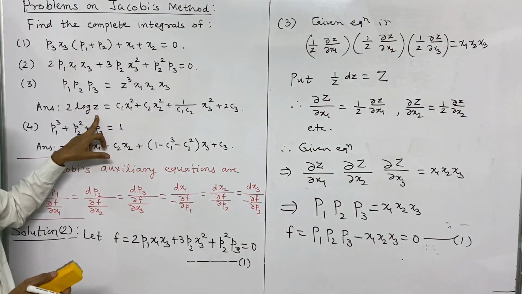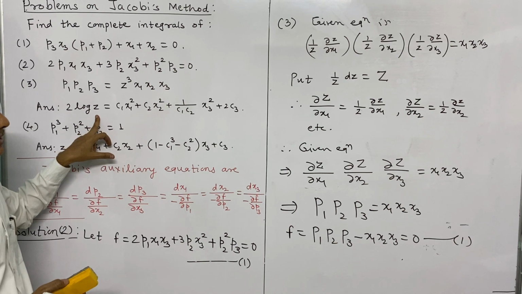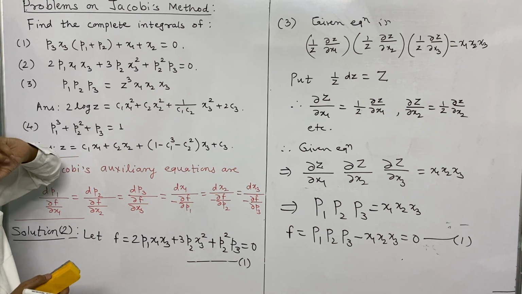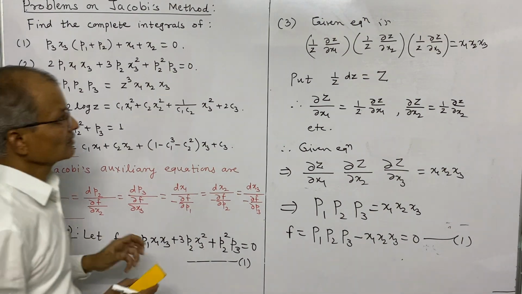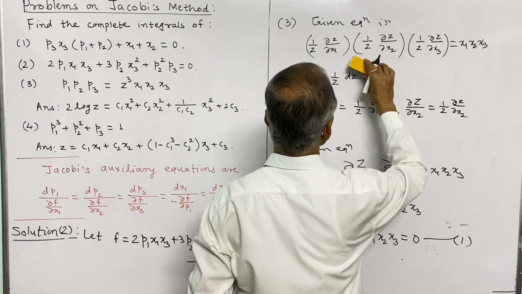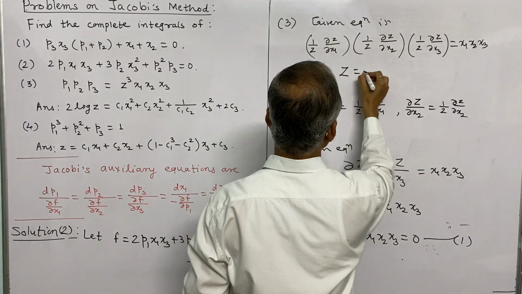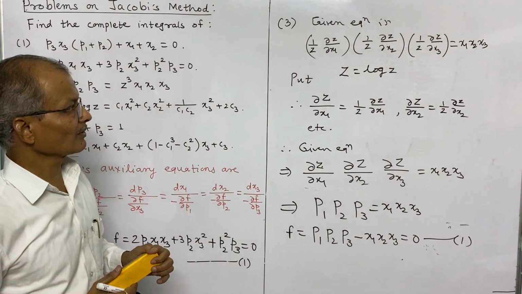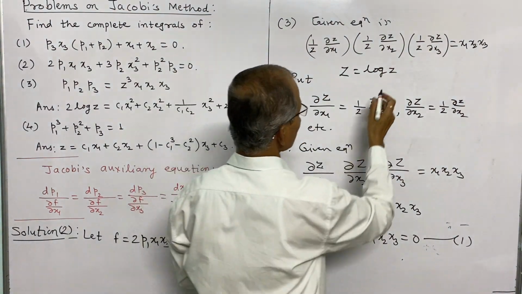First we will get the solution in terms of capital Z. It should be log z: capital Z will be log z. So the substitution, you should correct this, is capital Z equal to log z.